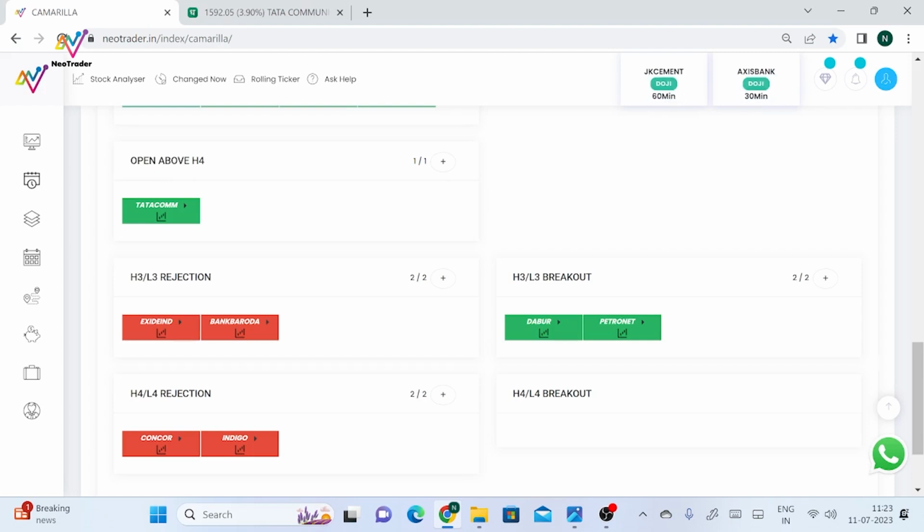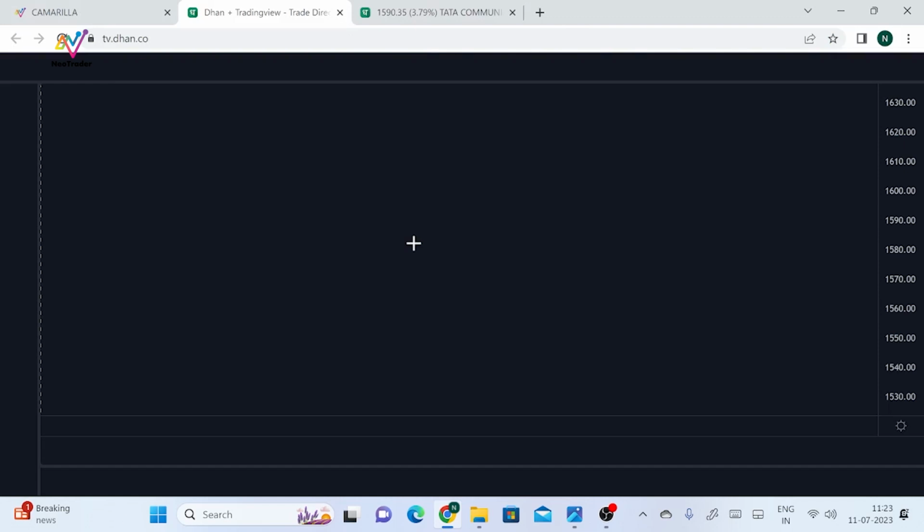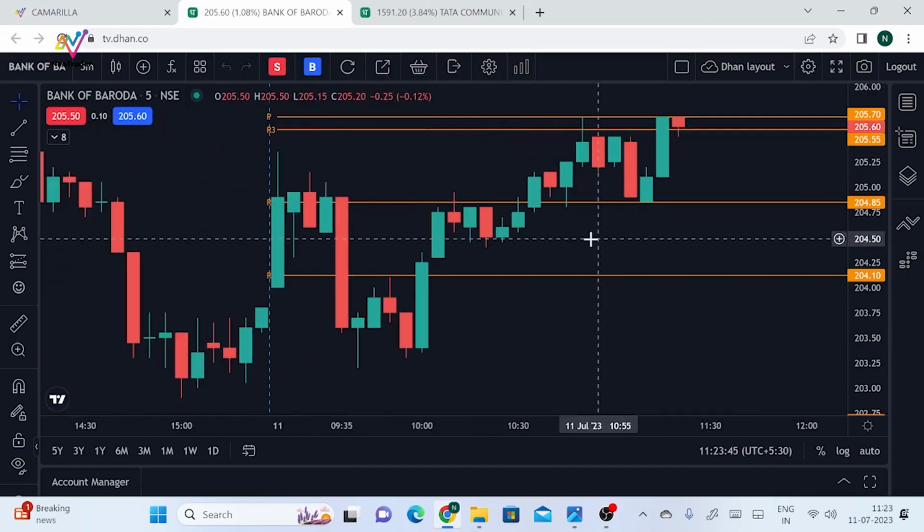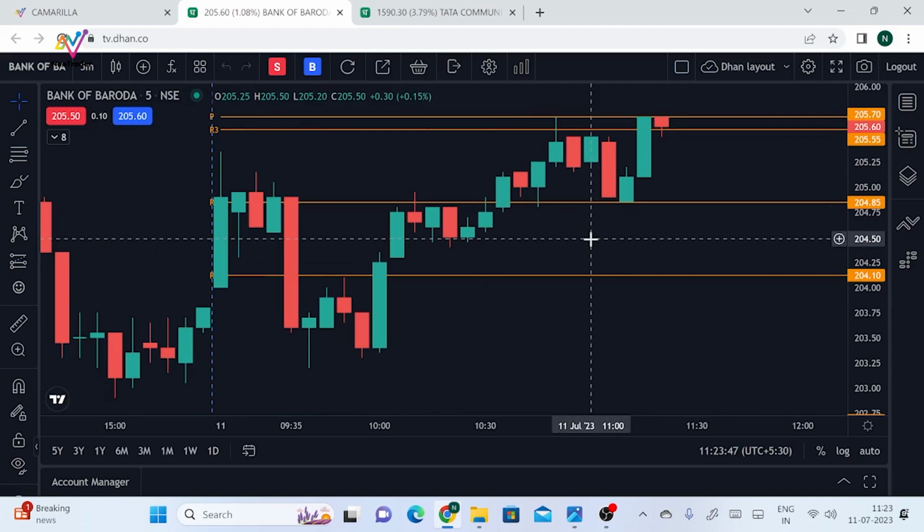Now if you go here, H3 L3 rejection, let's take Bank of Baroda. Let's click on Bank of Baroda and find out what this chart is saying. You can see here that there is a rejection at R3. So there is a rejection here, and this is where it had come.